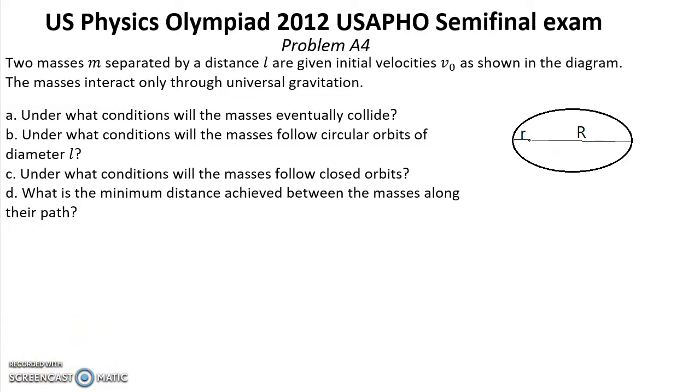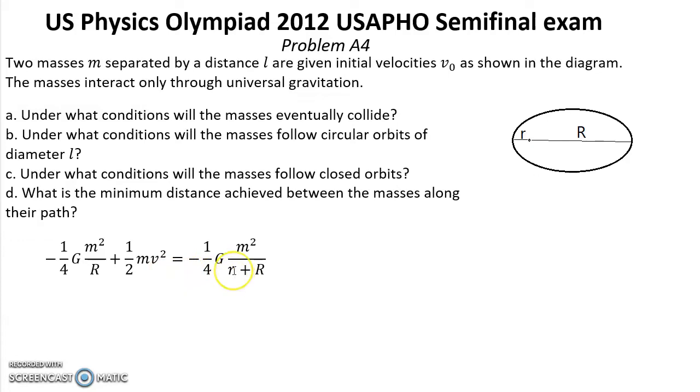Question D. What is the minimum distance achieved between the masses along their path? To answer this question, we can just use the result from question A. When we answered question A, we wrote this equation. Here R was the maximum distance, which is L over 2, and the small r corresponds to the smaller distance.